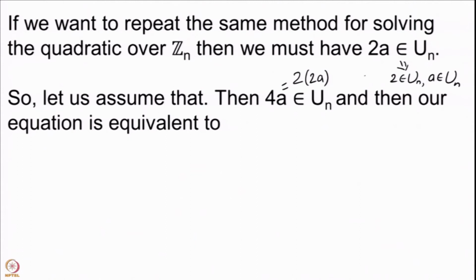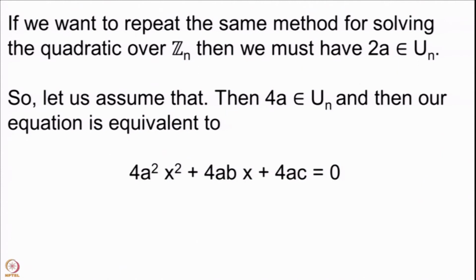If 2 is there in Un, then we get that 4a belongs to Un, and then our equation is equivalent to the following equation: 4a square x square plus 4abx plus 4ac equal to 0. This is because this is simply 4a into the equation that we started with.